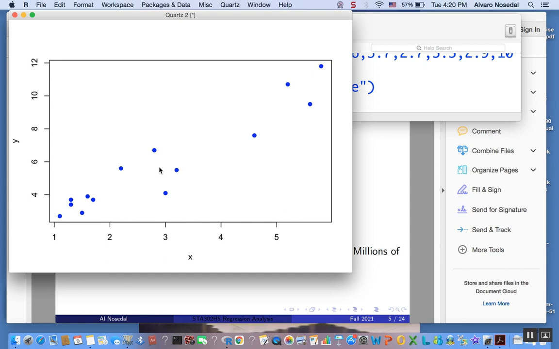If we want to provide a numerical measure of the strength of that linear relationship, we know that we could compute r, the correlation coefficient, and the closer r is to 1, the stronger the linear relationship.